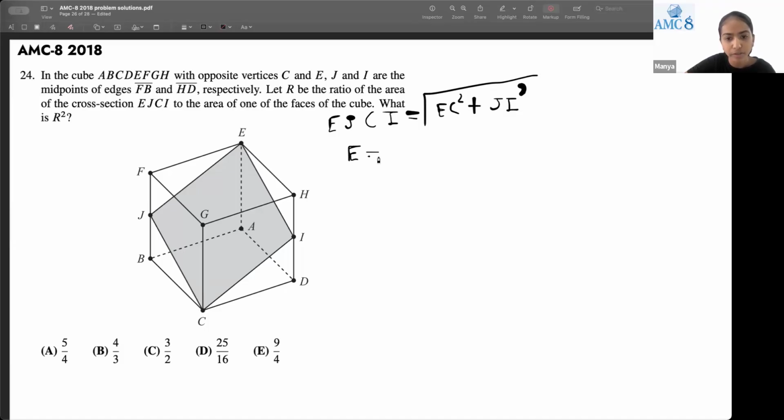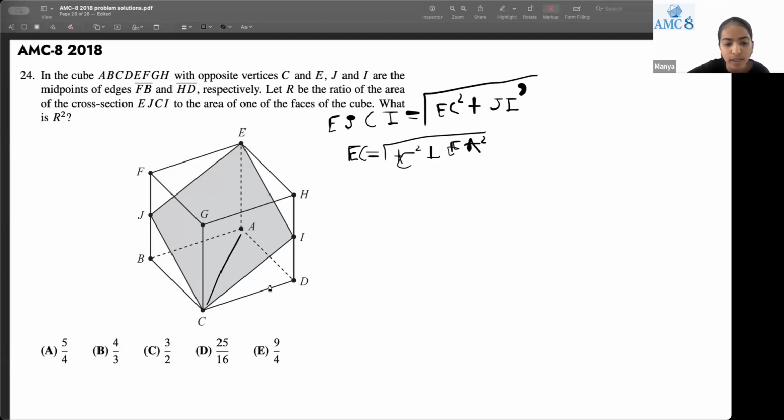So EC would be equal to the square root of AC squared plus EA squared. And so to solve this equation, we'll have to do AC squared. So what's AC squared?